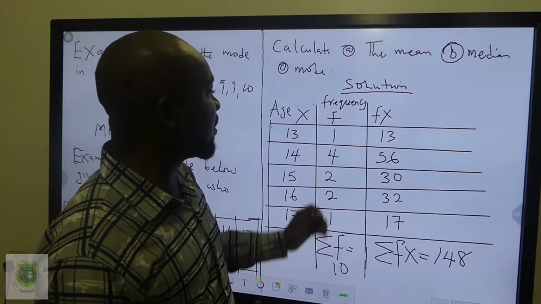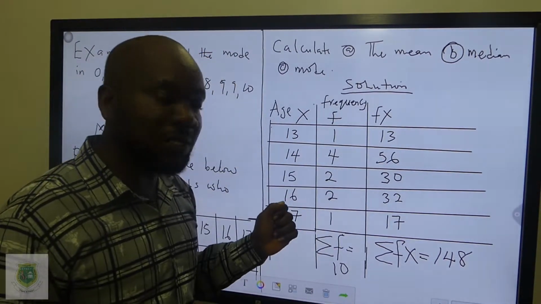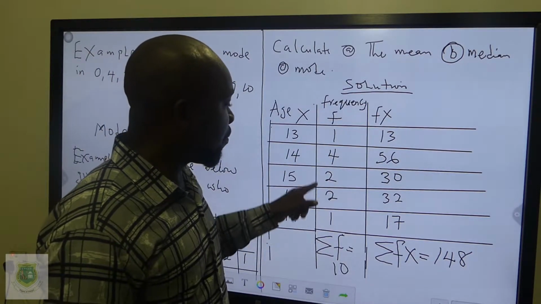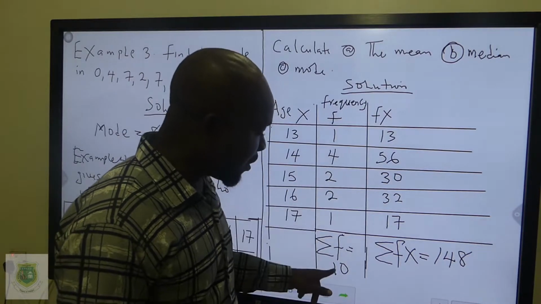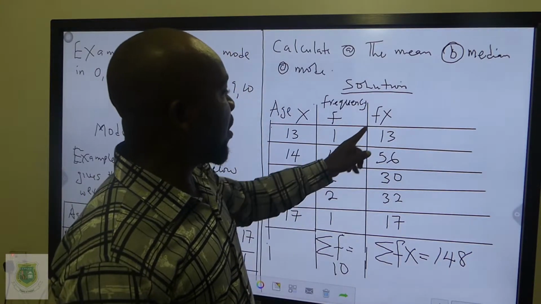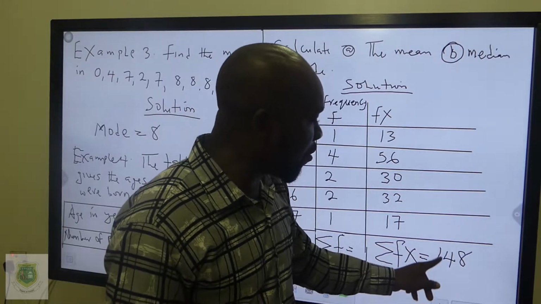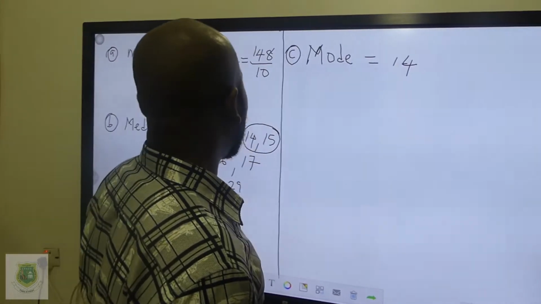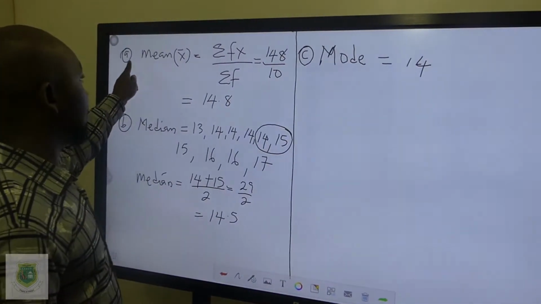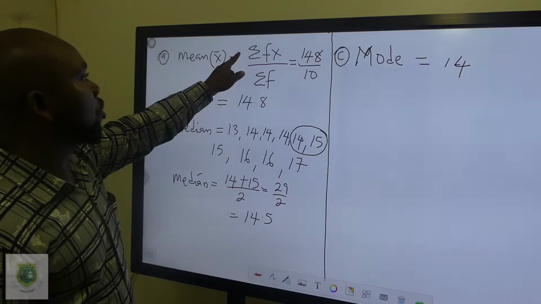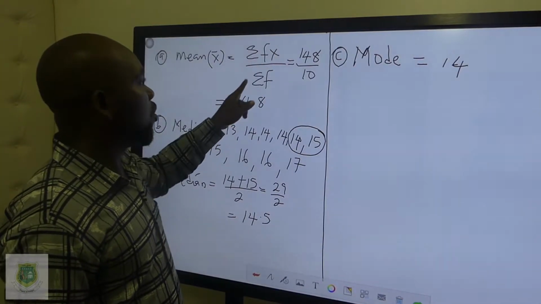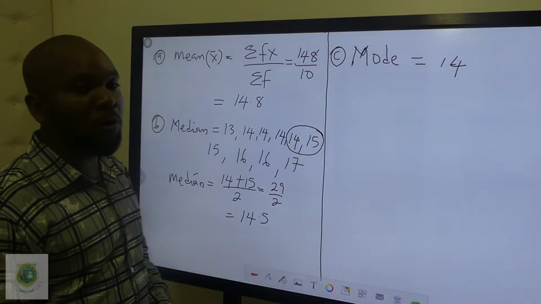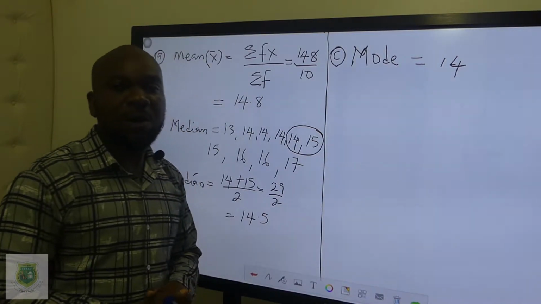Summation of f means add all these frequencies: 1 plus 4 is 5, plus 2, plus 2, plus 1, which is 10. The sum of fx is 148. Therefore, mean is summation of fx all over summation of f. 148 divided by 10 is 14.8. That is our mean.